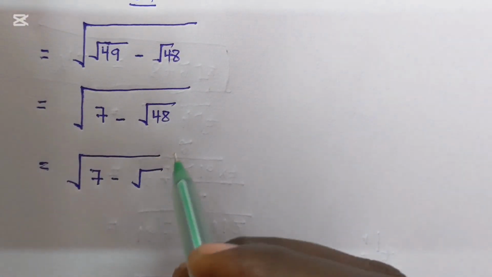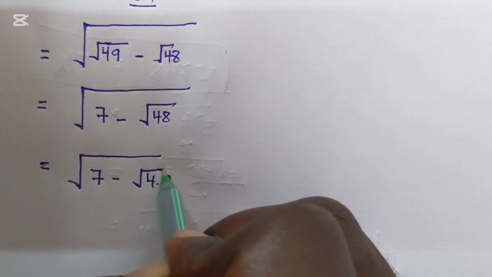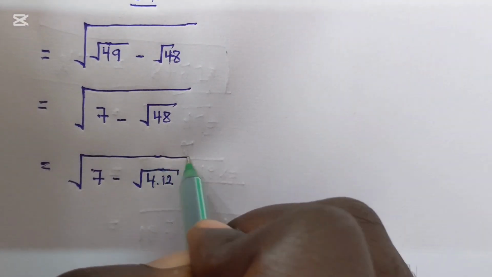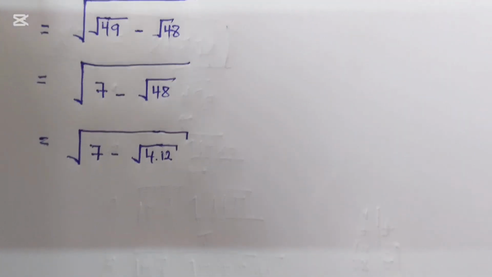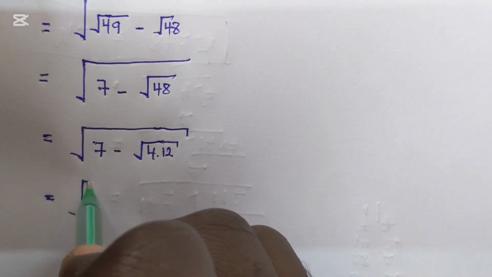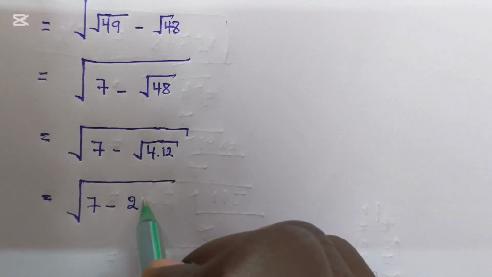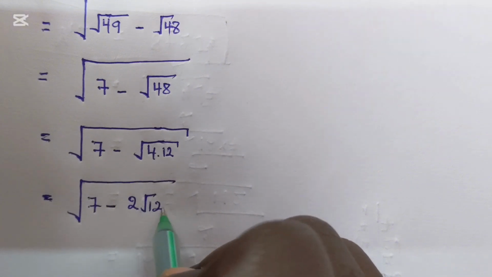48. It can be 4 times 12, and this is 48, okay, to be equal to square root of 7 minus 2 square root of 12.